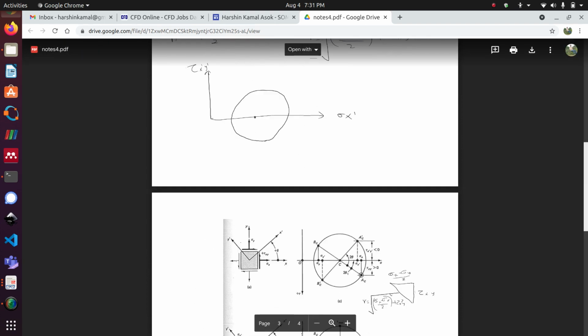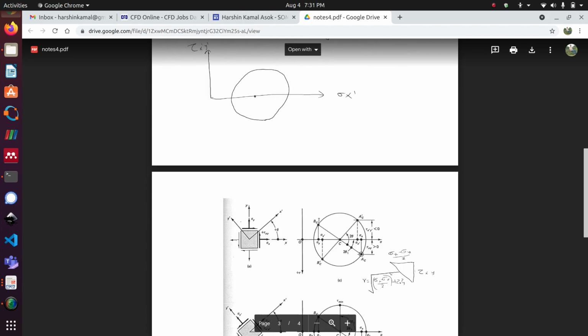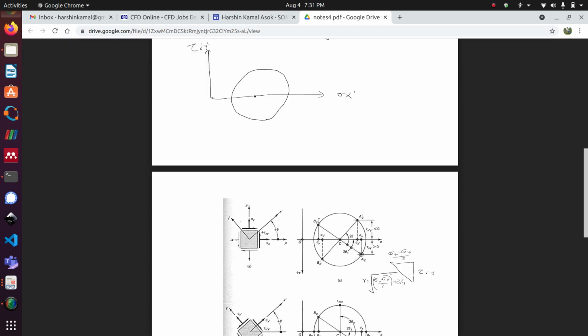In the last lecture, we talked about transformation of stresses and how we can use Mohr circle to help calculate shear stresses and normal stresses in different planes.